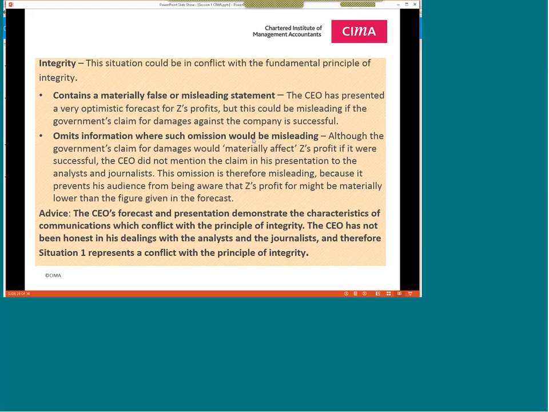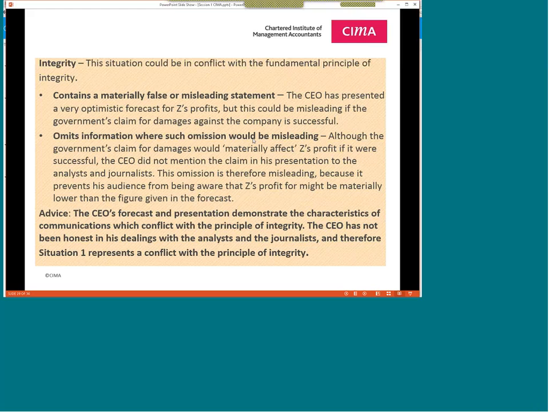The second one: integrity means you cannot omit information where such an omission would be misleading. And again, you have examples from this particular situation where the CEO did not mention the claim to the journalist, and this omission is misleading because it prevents his audience from being aware that the profits may be materially lower than the figure he was giving them.